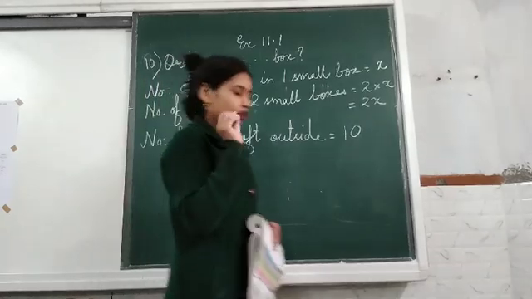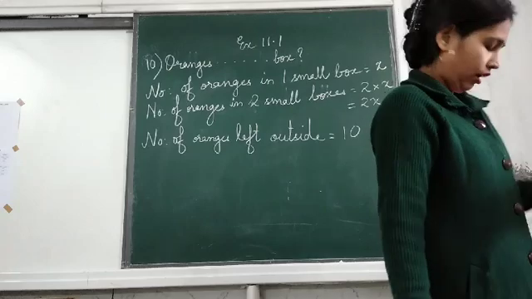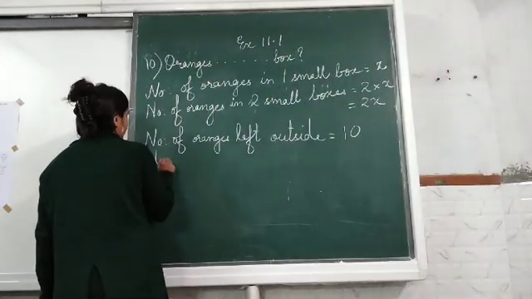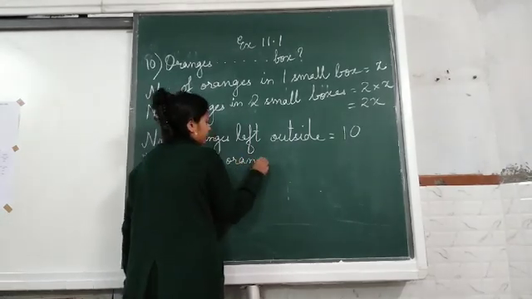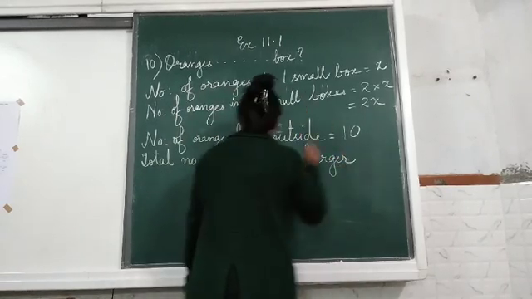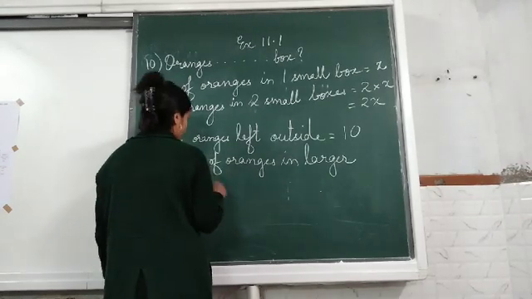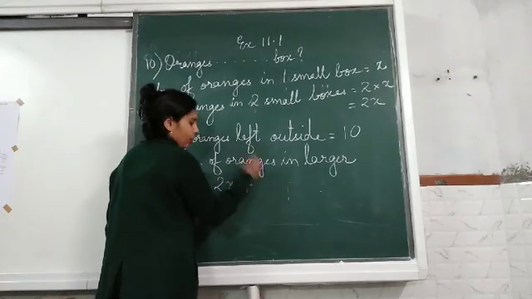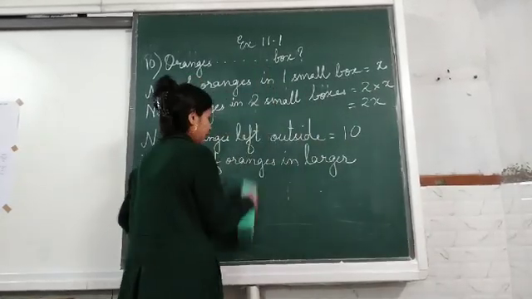Now what is asked? Total number of oranges in the larger box. Yes, larger box. So now we write: total is equal to, or wait, small boxes and left out.